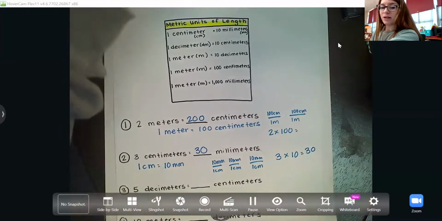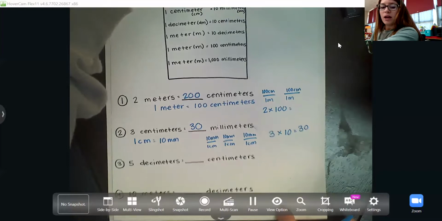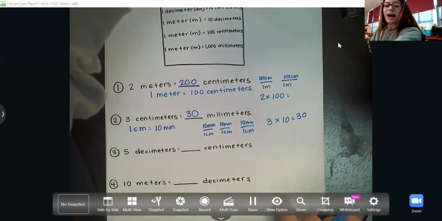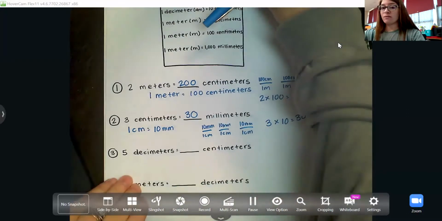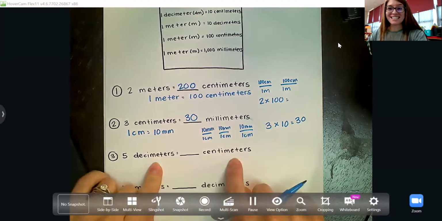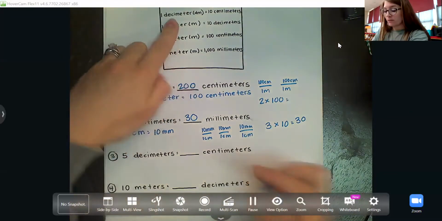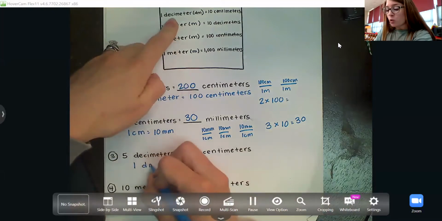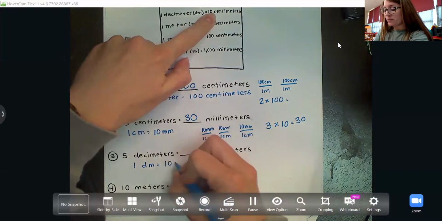All righty, let's look down here at numbers 3 and 4. We've got 5 decimeters is equal to how many centimeters? So I'm going to find the conversion that changes decimeters to centimeters. I see that 1 decimeter is equivalent to 10 centimeters.